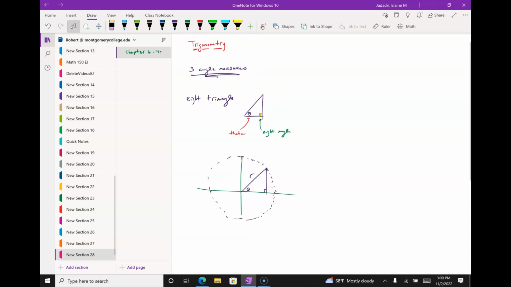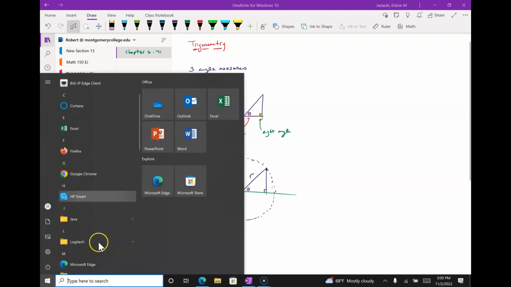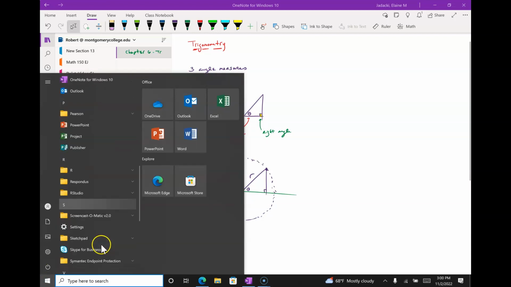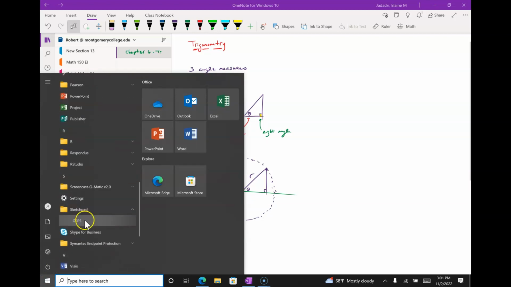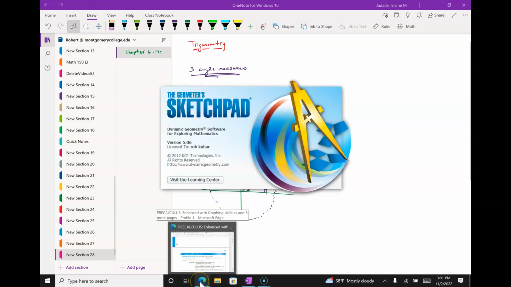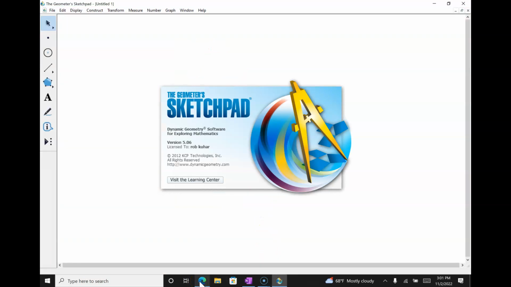So I like this idea, and let me just create this real quickly with something called Sketchpad. I used to teach high school geometry all with computers, and we use this program. It's expensive. Desmos GeoGebra does a pretty good version of it.